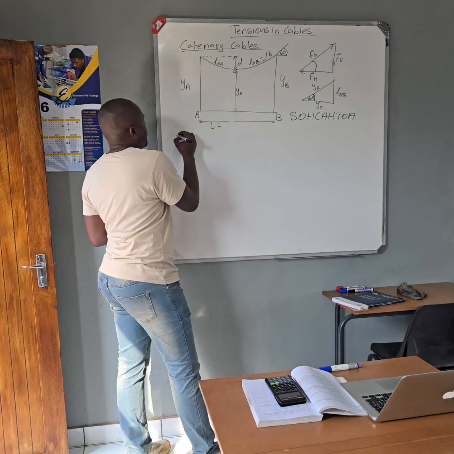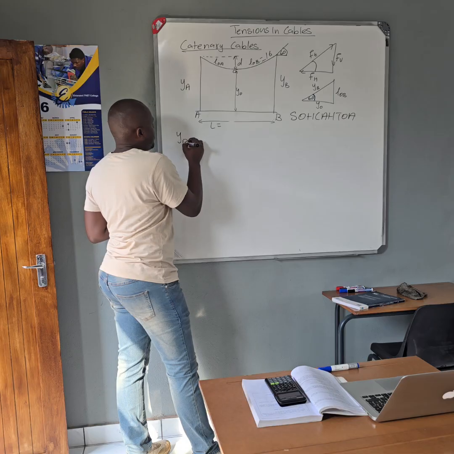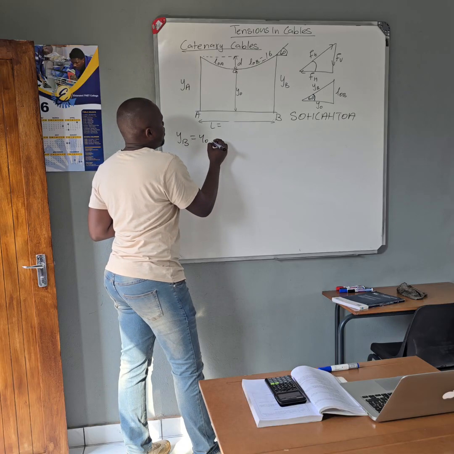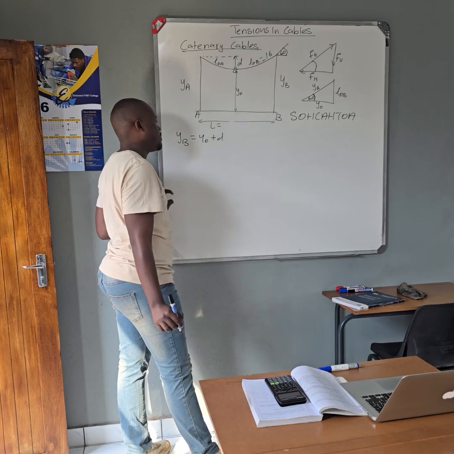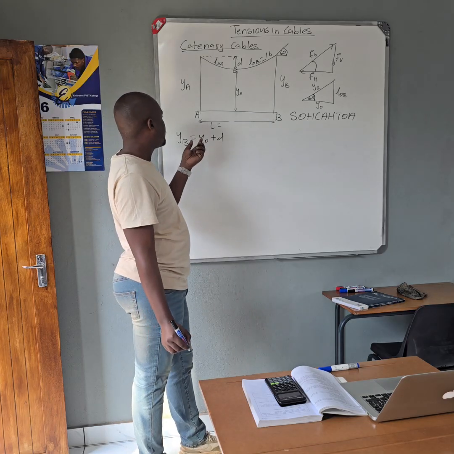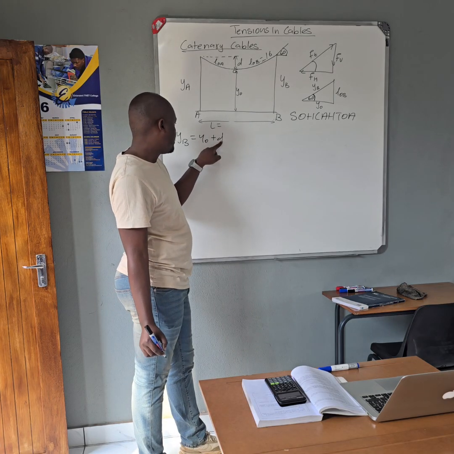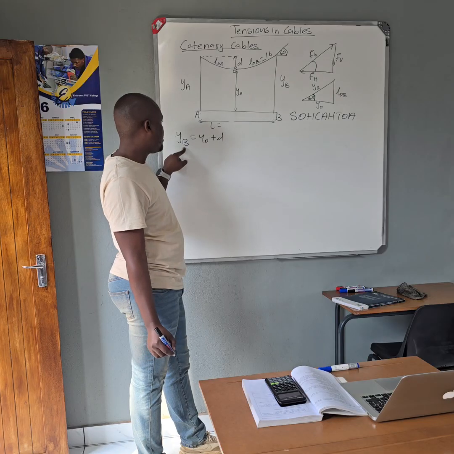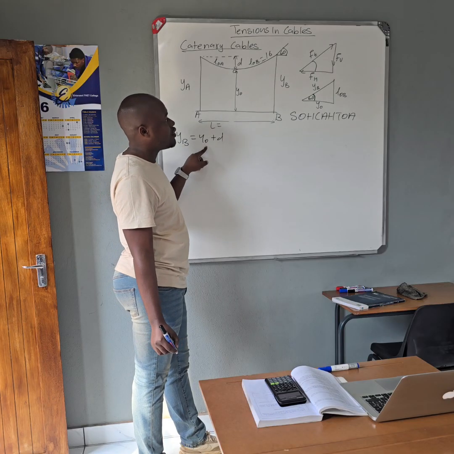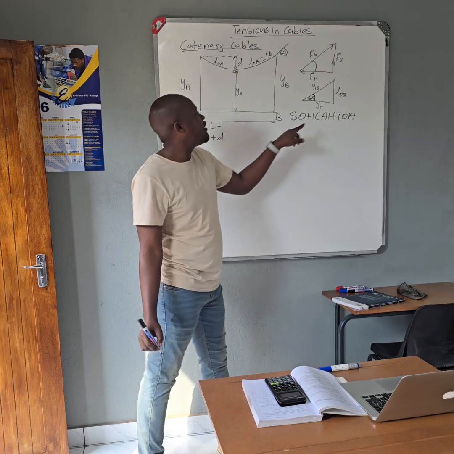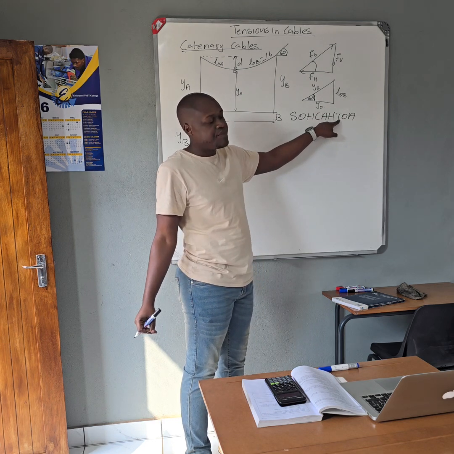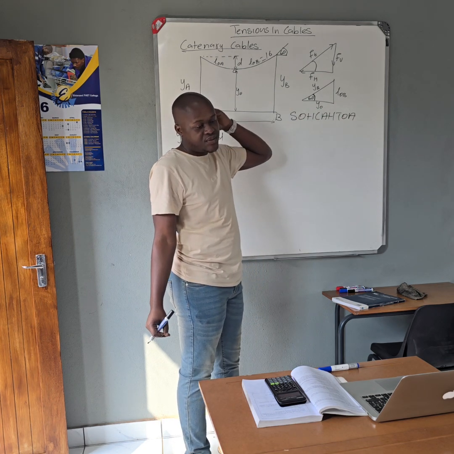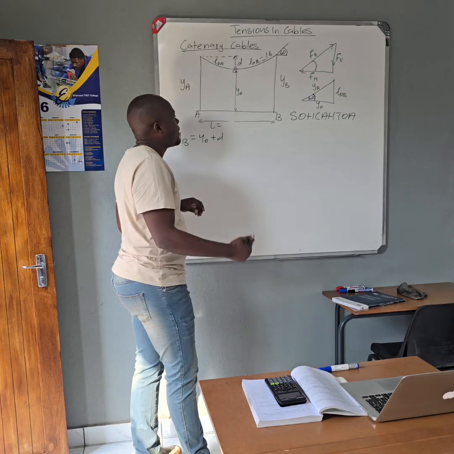What do we know? We know that YB is equals to YO plus the sag D. So to find D, we need YB as well as YO. And if I have LOB, I can solve using the trigonometric ratios. I can solve for YO as well as YB.